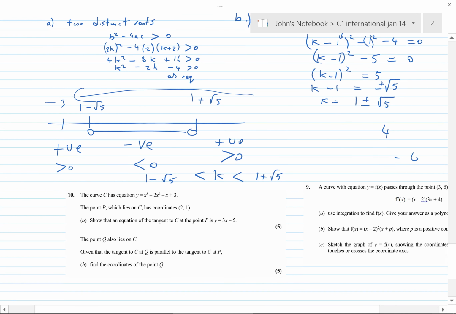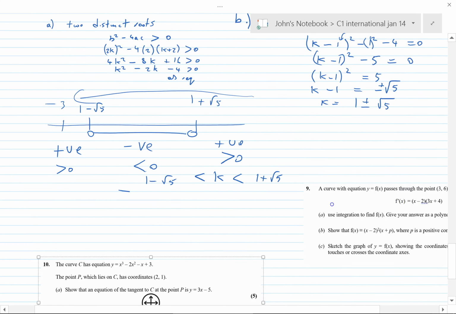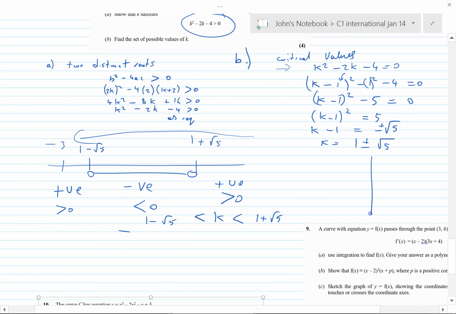Okay, so that's one approach to it. The other approach, which also works fine, is to do a graphical approach and just plot the graph. If you plot the graph of this, we can see it's going to go like this, with this being 1 plus the square root of 5, and this being 1 minus the square root of 5.